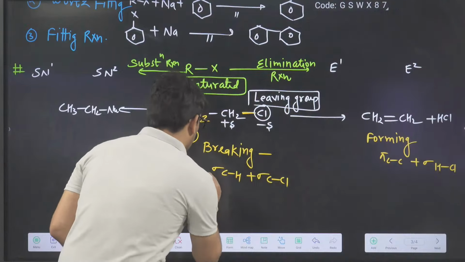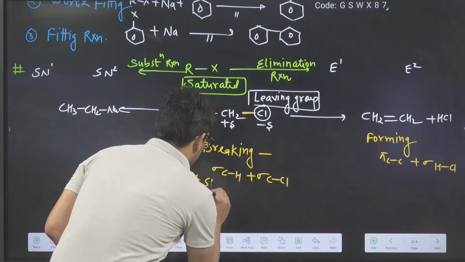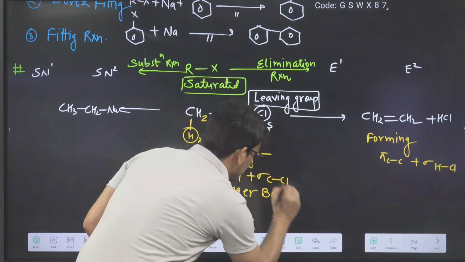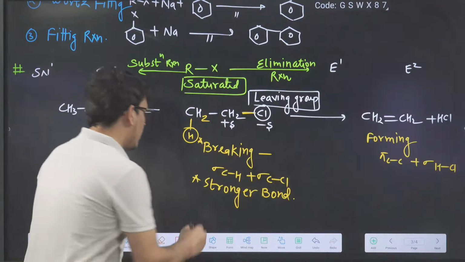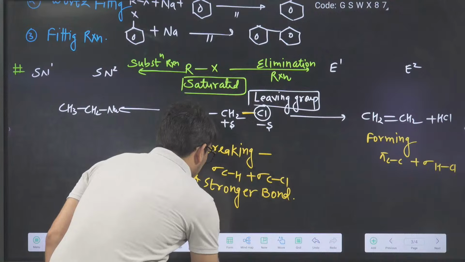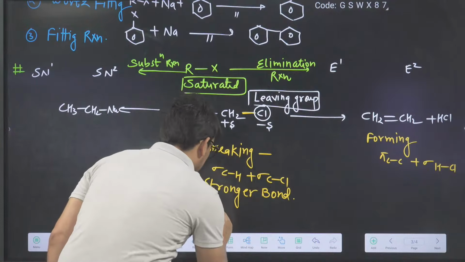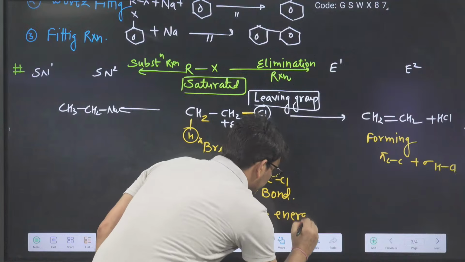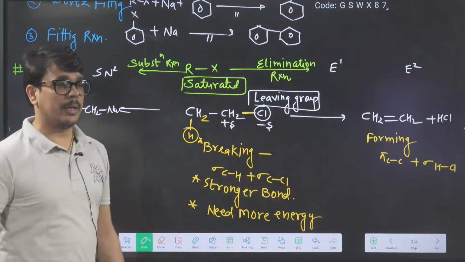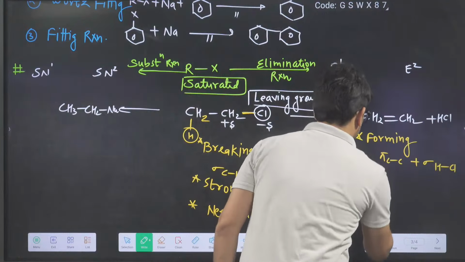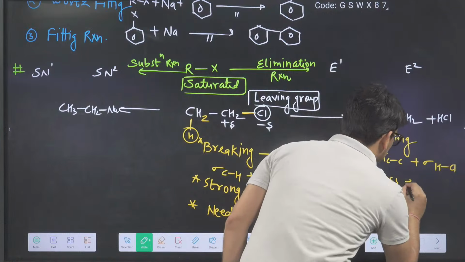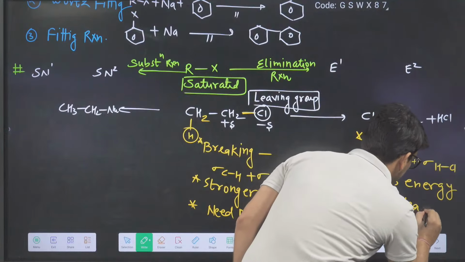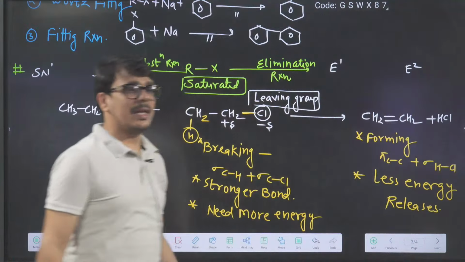Sigma bonds are stronger bonds, so I can say they need more energy to break. But when these bonds form, comparatively less energy is released.